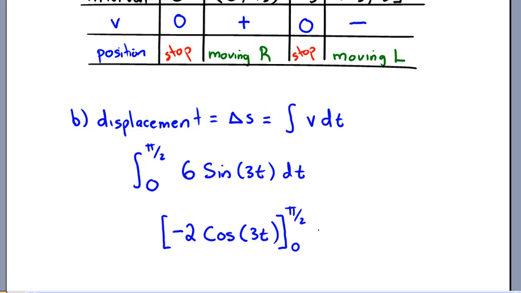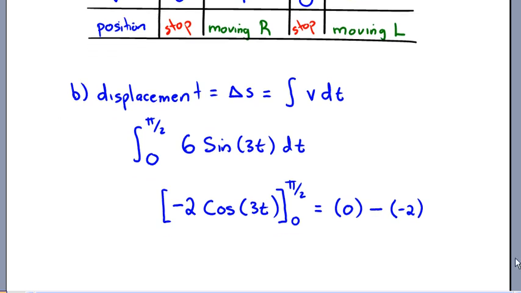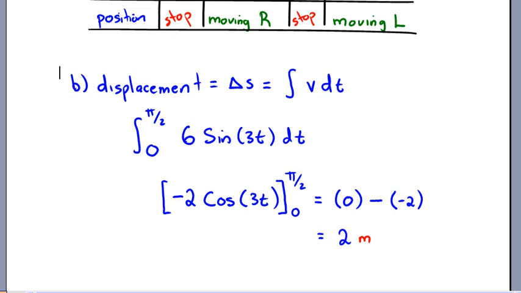And when I tried that out, what I found is when I put in pi over 2 into that, I ended up getting nothing out, just a big 0. And then when I put 0 in, I ended up getting a negative 2 out. And so it looks like the displacement for this thing is equal to 2 meters. So it actually goes forward a fair bit and then backs up, and overall it's only displaced by 2.